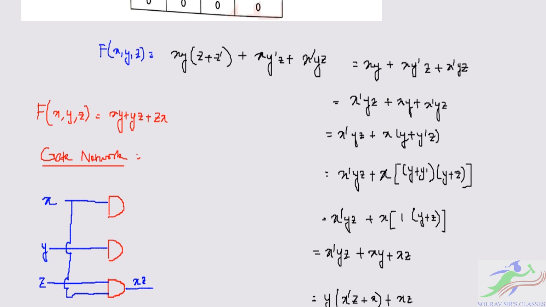Then we have x and y, and we can draw this in this manner, and y and z. All of them will go into a 3-input OR gate.